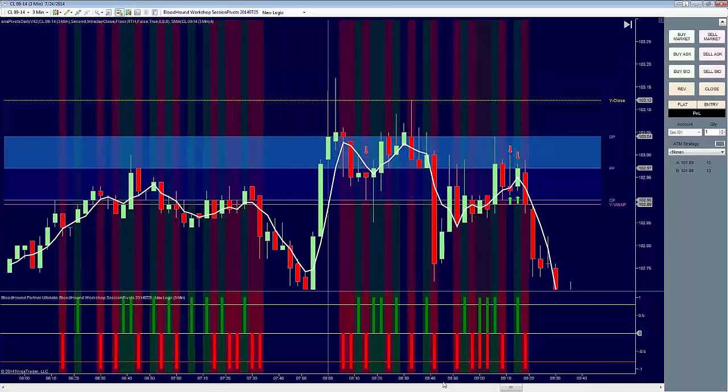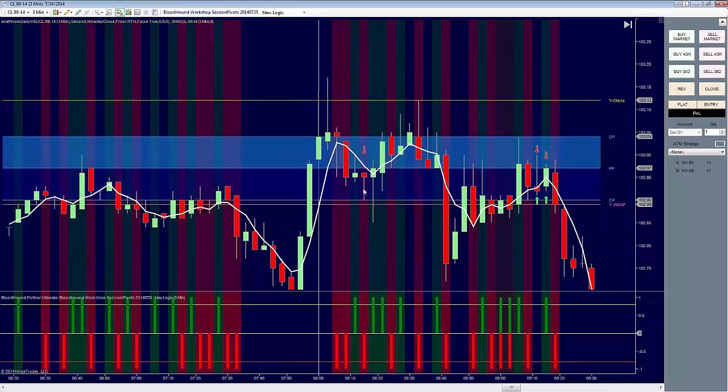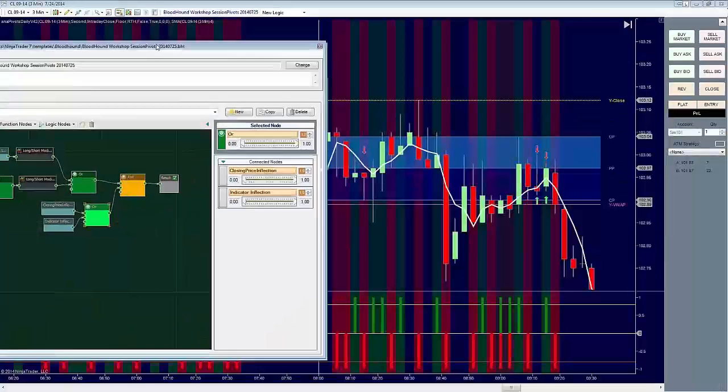But for another, because it's closed well above, it's closed in the top quartile of the bar, right? So this is one of the favorite conditions that I have for minute bars, tick bars, and volume bars, is that because this bar is showing so much buying pressure, we wouldn't want to take a short signal there. So let me just build that really quickly and show you that one.